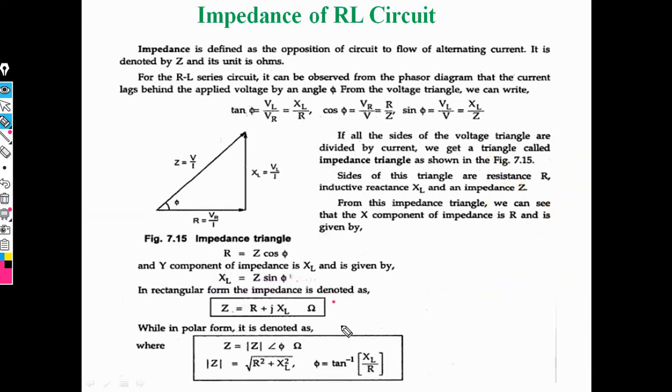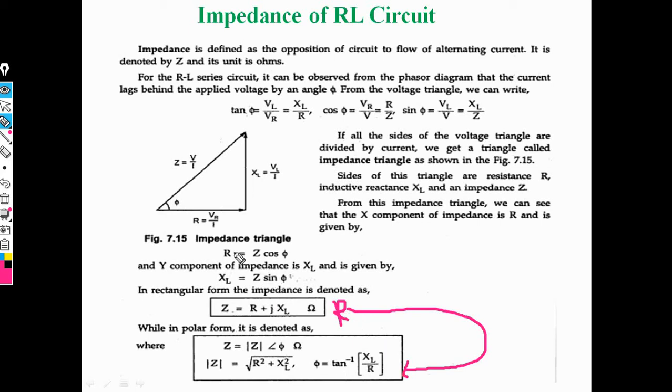This is the rectangular form, and this rectangular form will be converted into polar form. That is, we have considered here A plus jB. Now we have to explain the concept of polar to rectangular and rectangular to polar. Here we have considered A plus jB in rectangular form, and this rectangular form is converted into polar form.